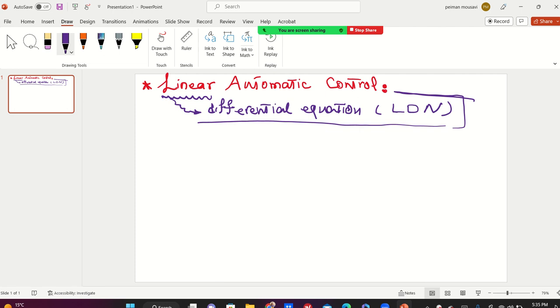So if you have a nonlinear differential equation, your first mission is to linearize it to an LDE. How do you linearize it? Using the equilibrium point.